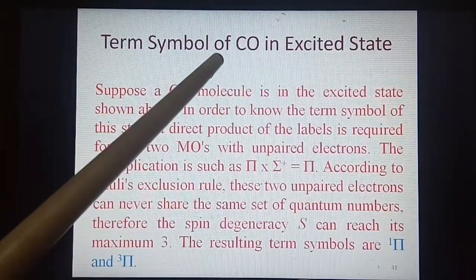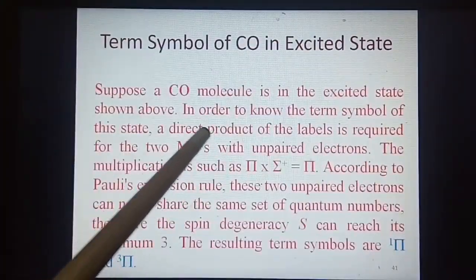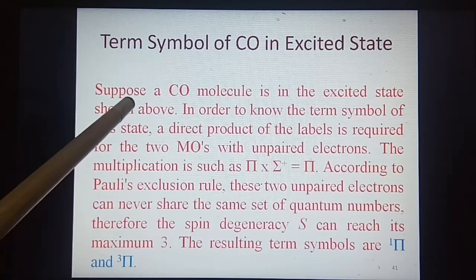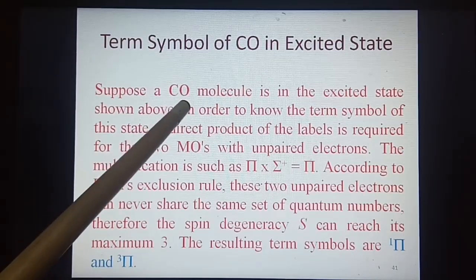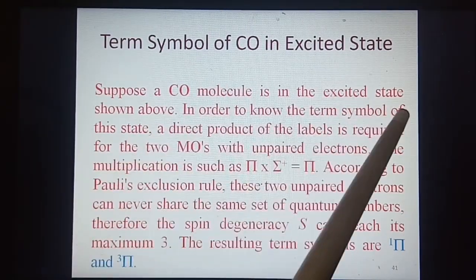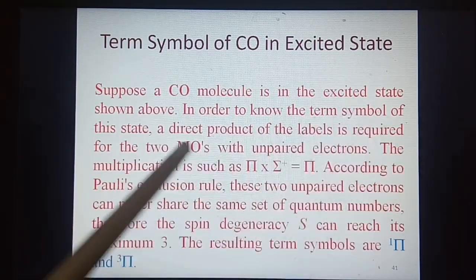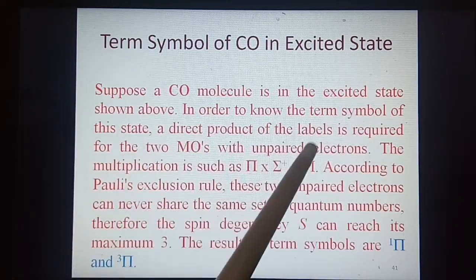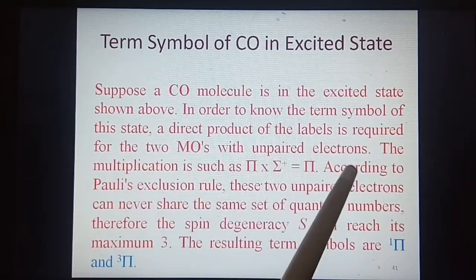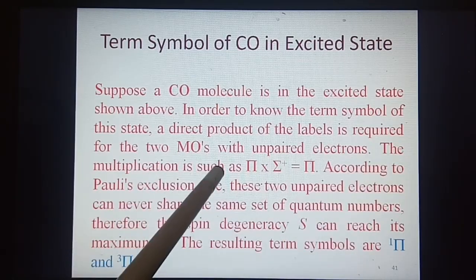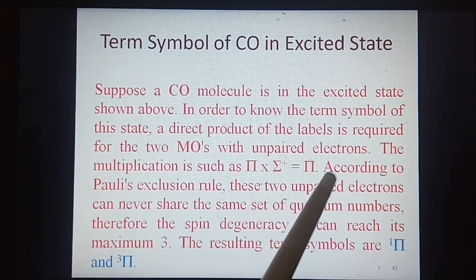If we want to know the term symbol of CO in the excited state, one electron will be promoted from sigma to pi. Suppose a CO molecule is in the excited state shown above. In order to know the term symbol of this state, a direct product of the levels is required. For the two MOs with unpaired electrons, the multiplication is such that pi multiplied by sigma plus is equal to pi.